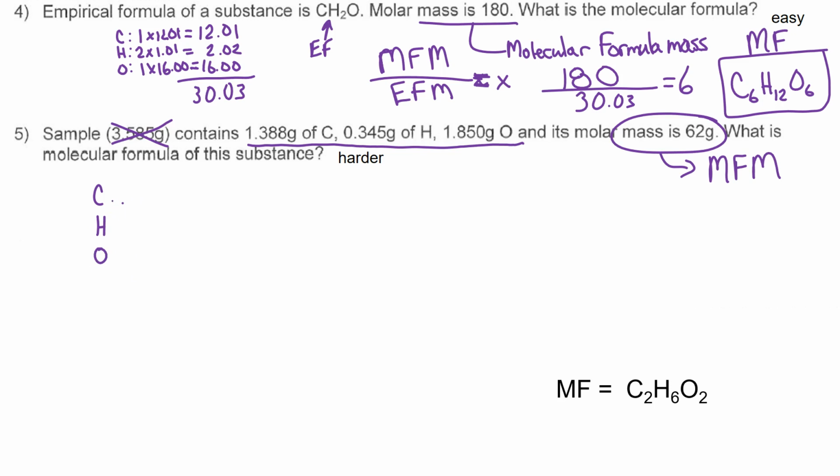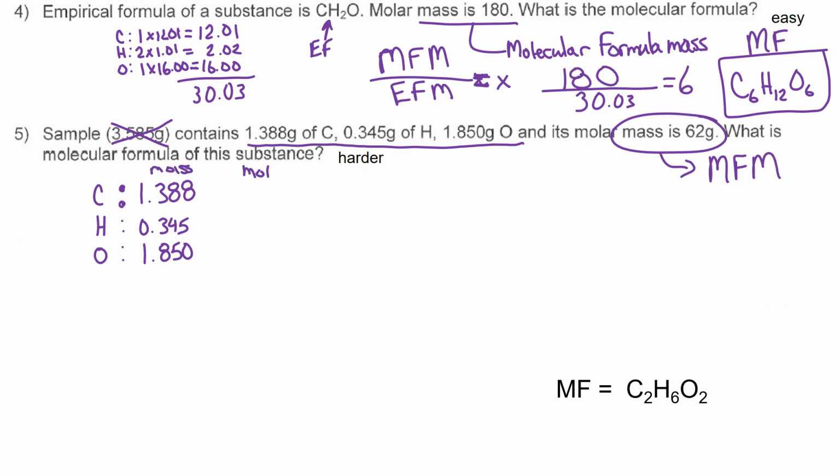I have 1.388 for carbon. I have 0.345 grams for hydrogen, and I have 1.850 grams for oxygen. So that's my mass.